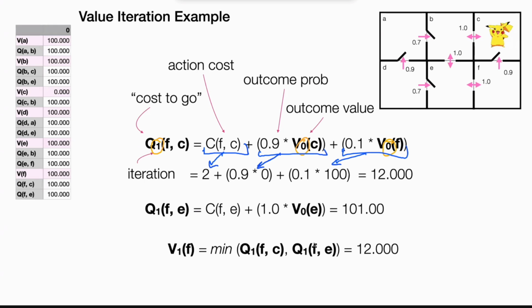So the 2 here is the action cost of trying to go from F to C. In our previous example in this domain, we said that if there's a door, it's going to cost us 2 to try, and if there's a gap, it's going to cost us 1. So we're looking at the action F to C, which is trying to go up from F. That's a door, so that's 2. Okay, thank you.